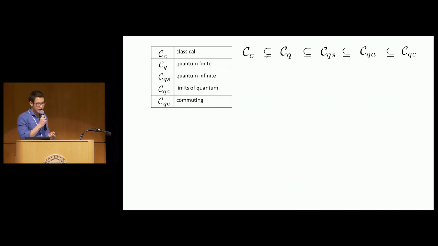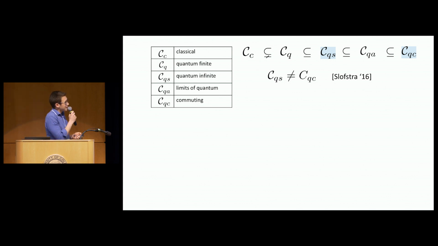So the question is, do we know of any other equality or strict separation other than the one given by Bell's theorem? We did not know of any until the recent breakthrough work of William Slofstra, who showed us that CQS is not equal to CQC. So in other words, there are correlations that are attainable in the commuting operator model, which cannot be attained in the tensor product model.